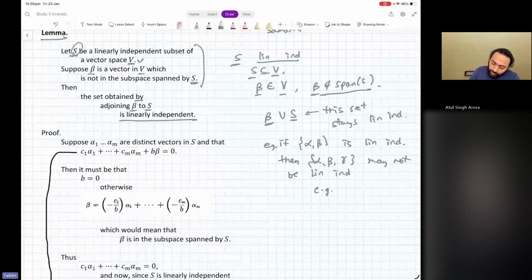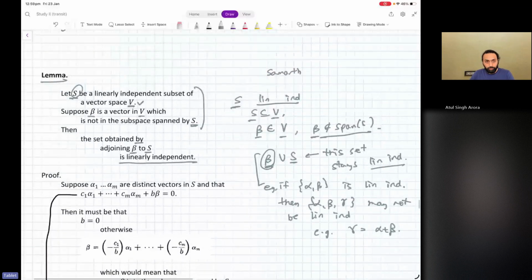You can take, for example, gamma equal to alpha plus beta. So it is entirely possible that it becomes linearly dependent. But here the claim is that even if you add this new vector beta, the set will continue to stay linearly independent. Is the statement clear?